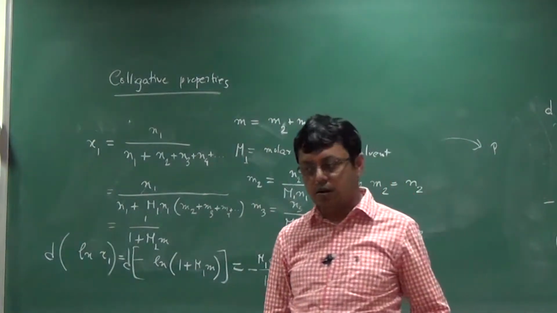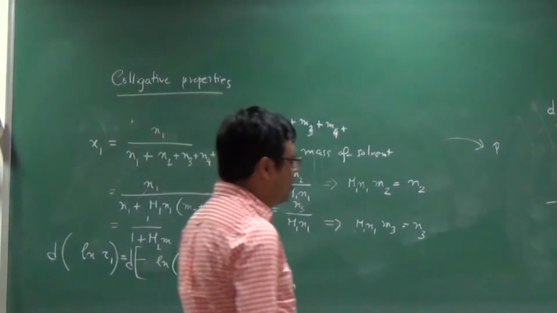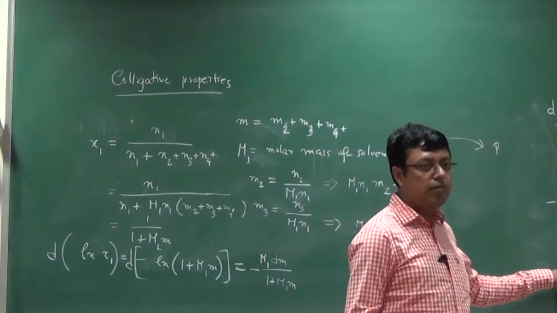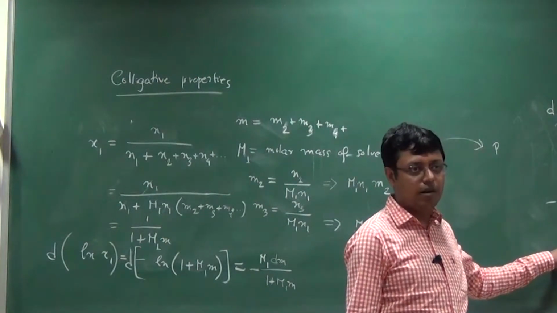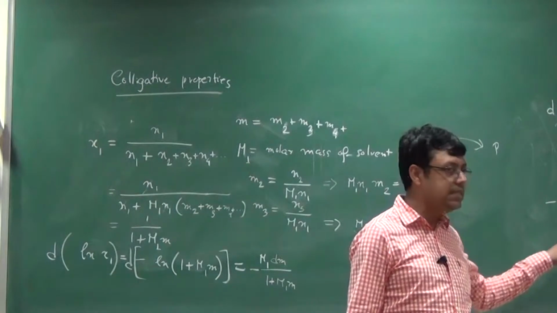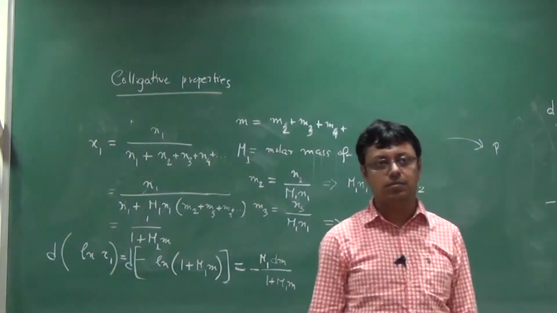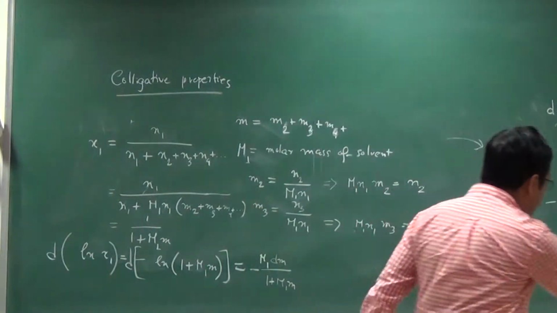Clear? Alright. So now what I see here is that I have a relation of the slope of a curve, how T is changing with m. That's what I wanted to get. There will be a minus sign also.